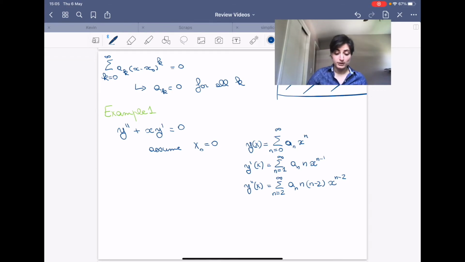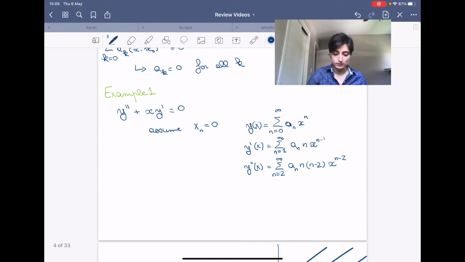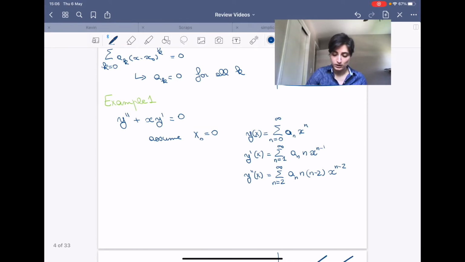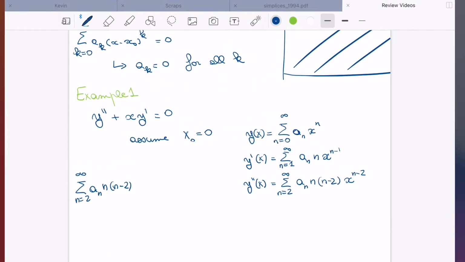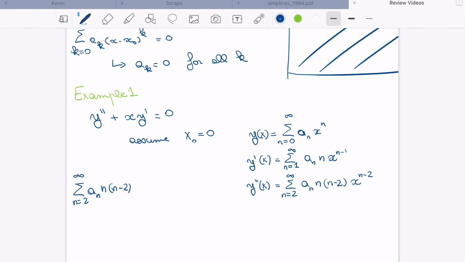So now that we have this, we can plug it in the example that we have. And we have the sum from n equals 2 to infinity of a_n n (n minus 1) x to the n minus 2.